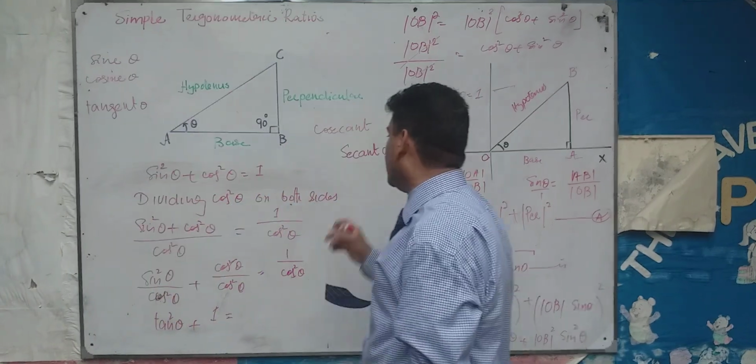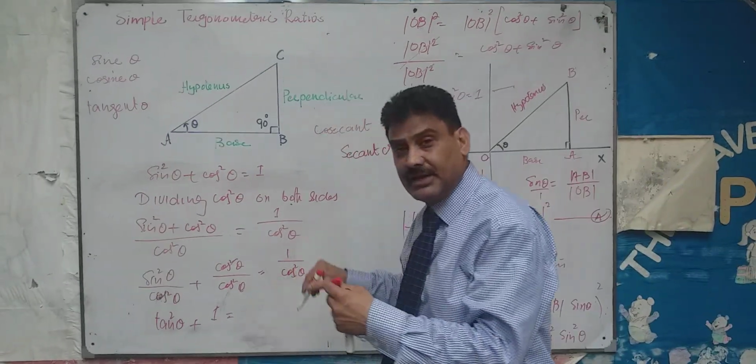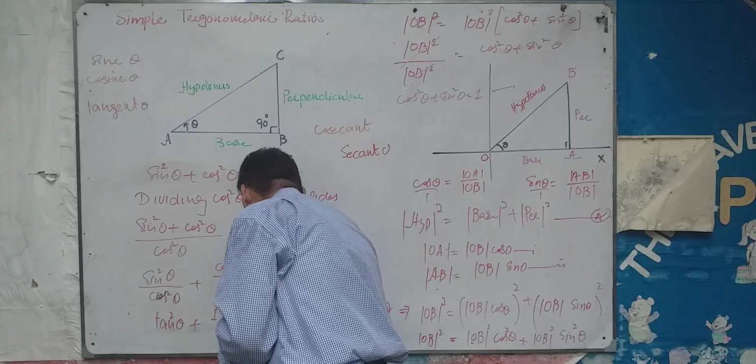You know 1 by cos is equal to secant, and 1 by cos squared is equal to secant squared.